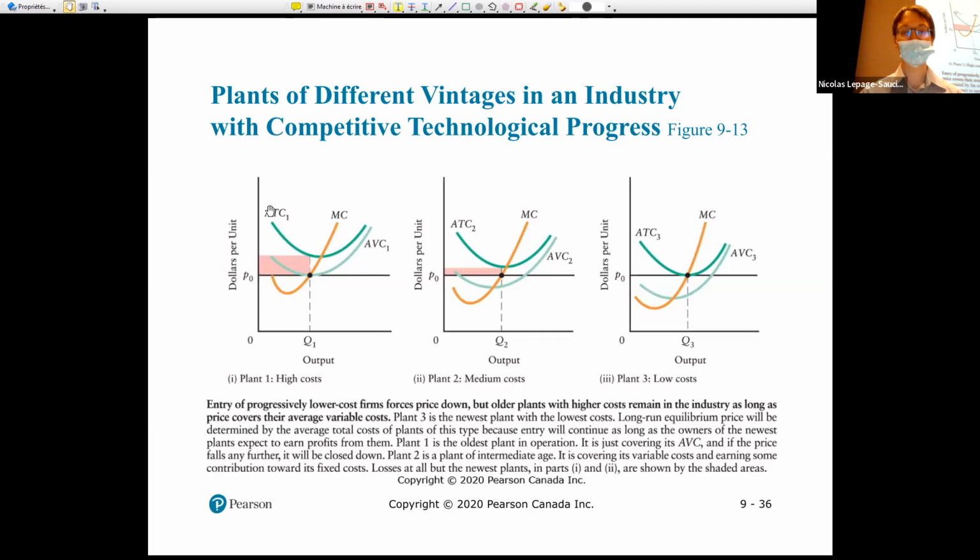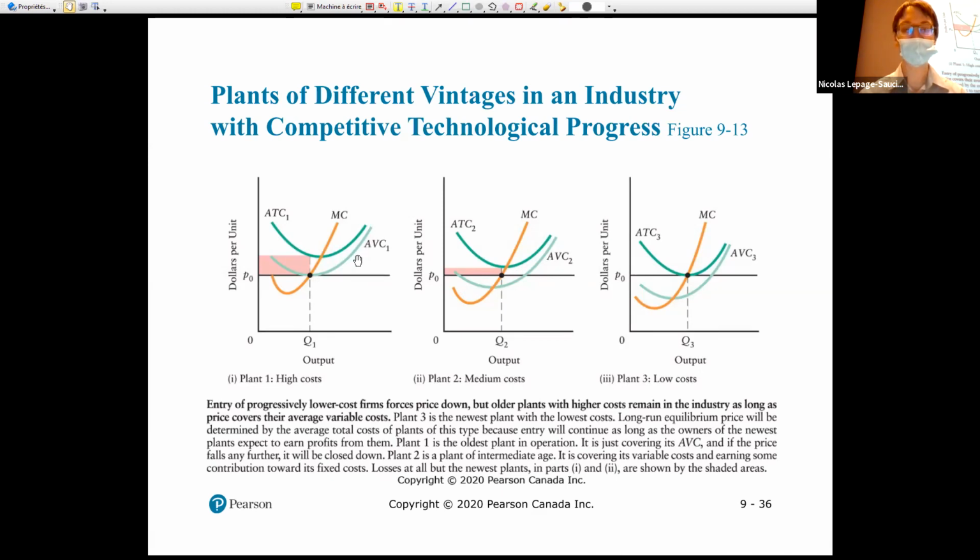So here's, for instance, an old firm, and then there's a new firm that entered the market. So then the price became much lower than was good for that old firm to make a profit. That firm is just in the middle.